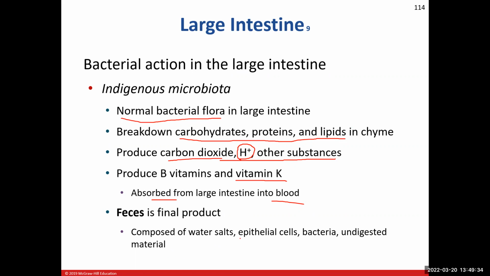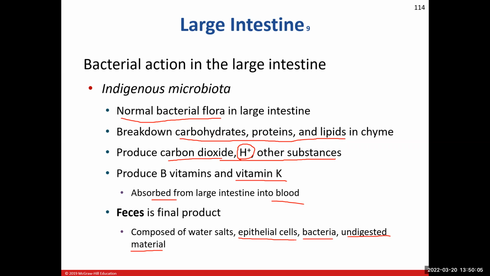But a lot of what we'll see in our feces is primarily going to be undigested material. For example, maybe fiber, some of the bacteria that has been residing in your large intestine, and epithelial cells. Well, again, think about it. As that ingested material is moving through your digestive system, it's going to be brushing up against the intestinal walls, and it's going to cause a sloughing off of certain cell tissue.